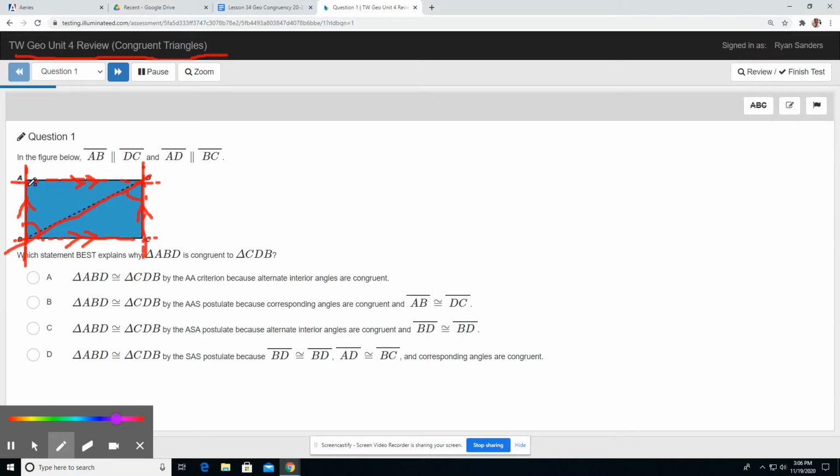And then if I look at the other set, this parallel and this parallel and that same transversal, then that same alternate interior. So then that means this angle has to match this angle here.